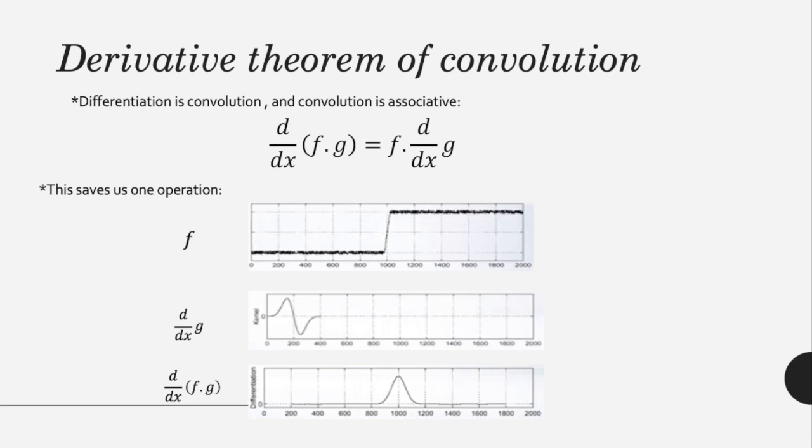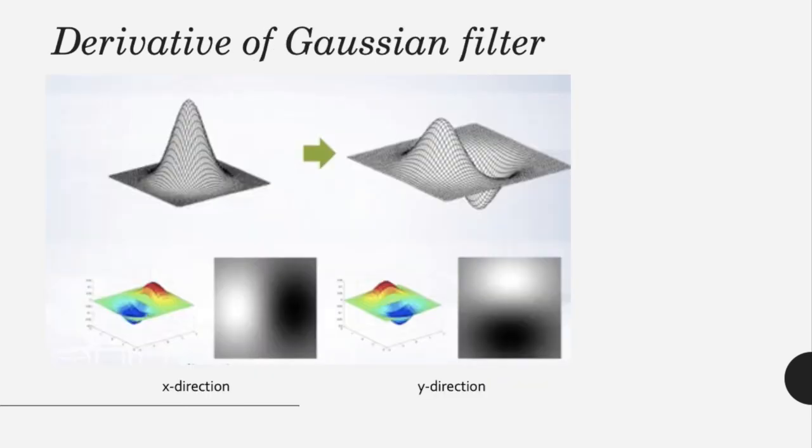This saves us one operation and produces the same result as applying the smoothing and differentiation operators successively. Here is a visualization of derivative of Gaussian filters, which can be used for gradient estimation in real images. I give a visualization of two filters: one estimates gradients in the x direction and one in the y direction.